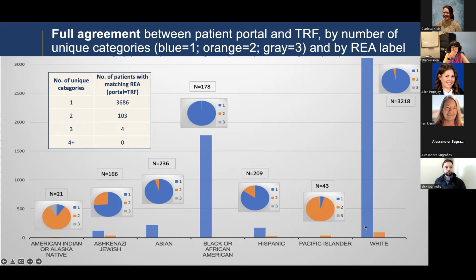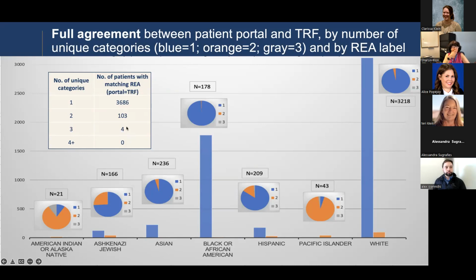So given that you have one of these categories in your list of unique categories, what proportion of those people, for example, who had Black or African American in their list had just one, that's in blue, had two categories, or had three categories. And this is, sorry, not assuming, we observed that there's full agreement between those two.